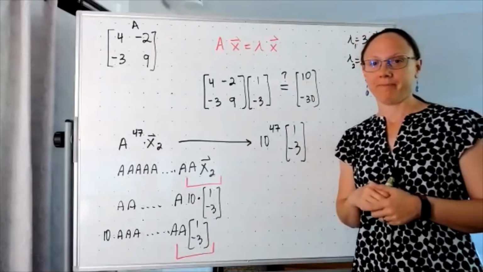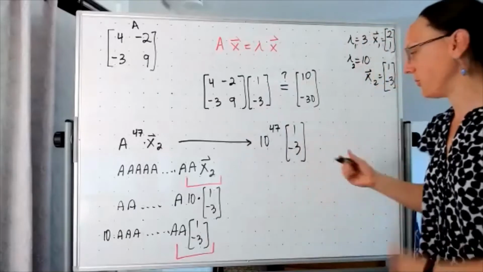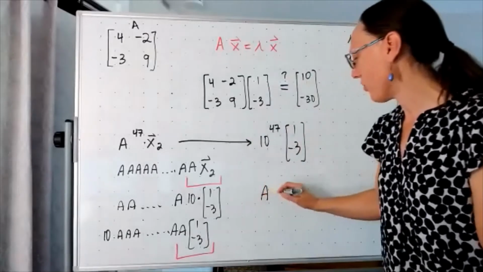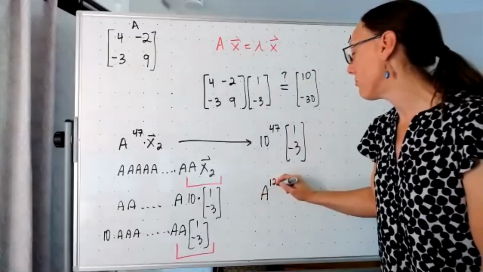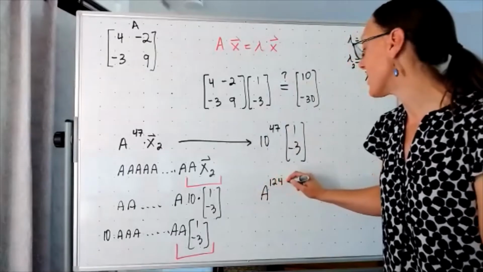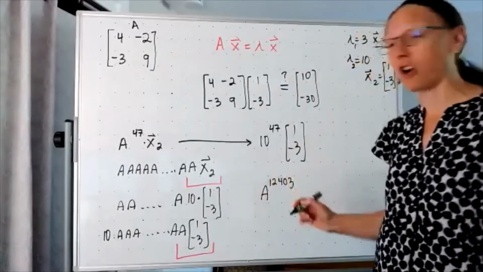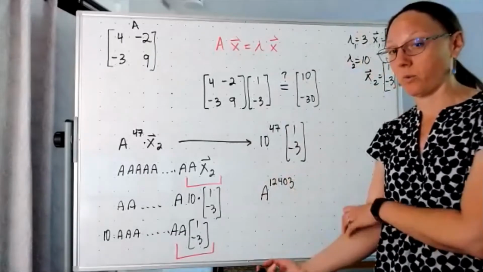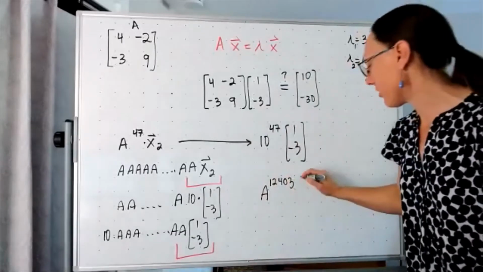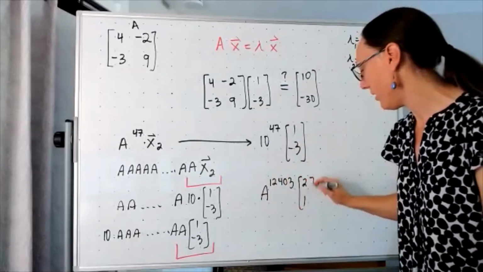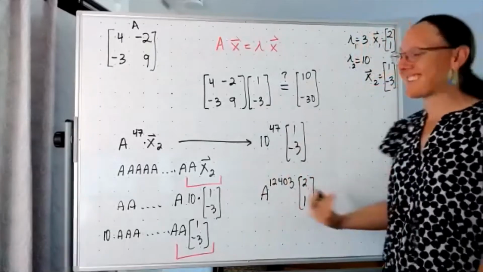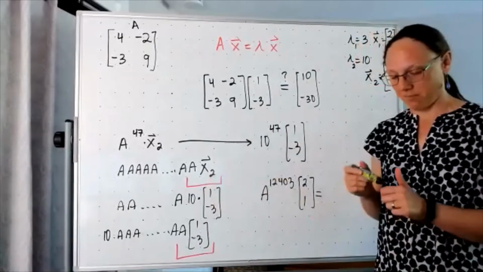Or if I wanted to do A to the 12,403rd power for absolutely no reason, times the vector 2, 1, this same thing happens each time.